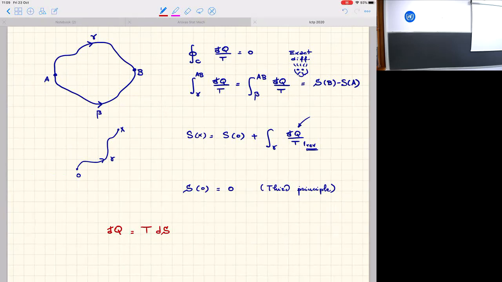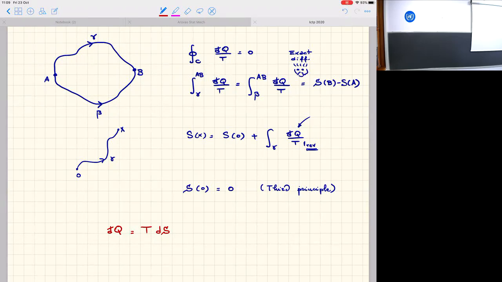First of all, question number one, what kind of thermodynamic variable is the entropy? Is it extensive or intensive? Intensive? Think about it.